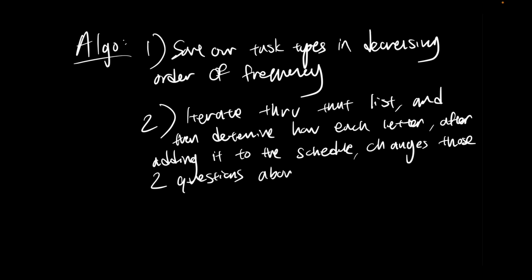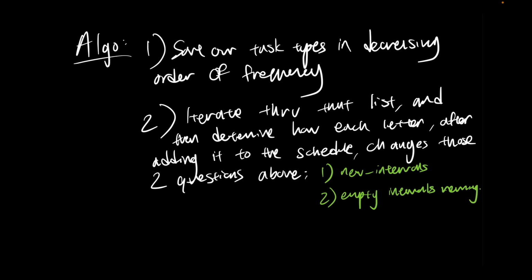So it's going to be 1, new intervals, and then 2, empty intervals remaining. Okay?